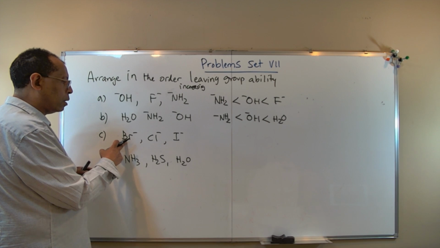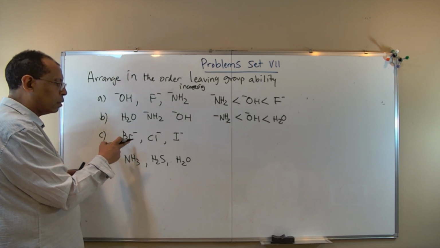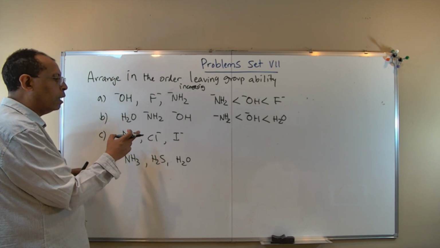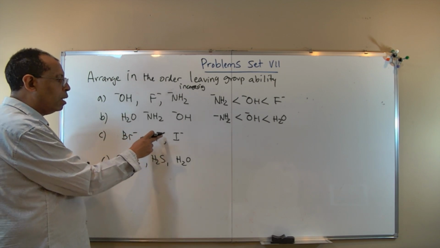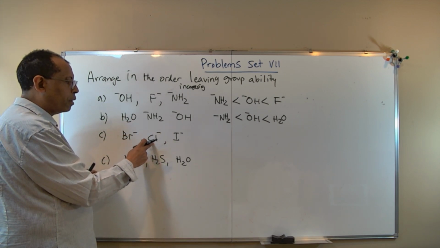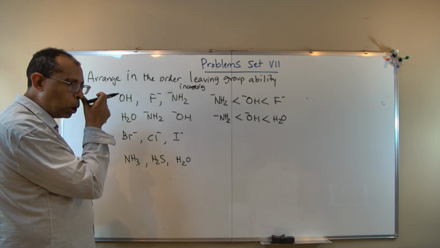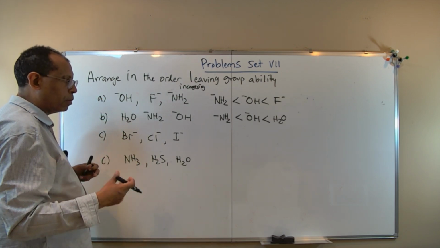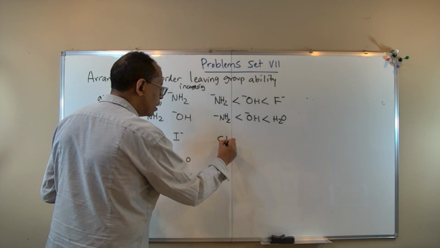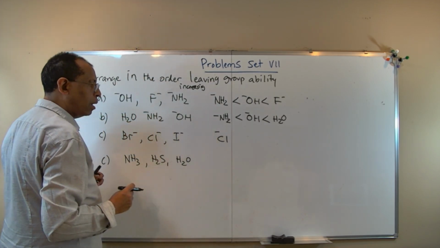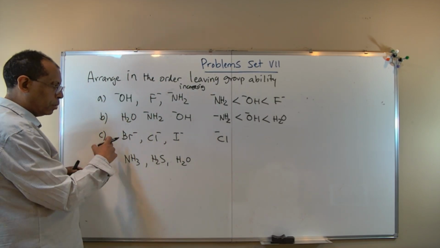HBr is the next strong acid. HCl is the lowest acid. That means the conjugate base, chloride, is more basic. That means it's not a good leaving group. So Cl minus is not a good leaving group as compared to the others.